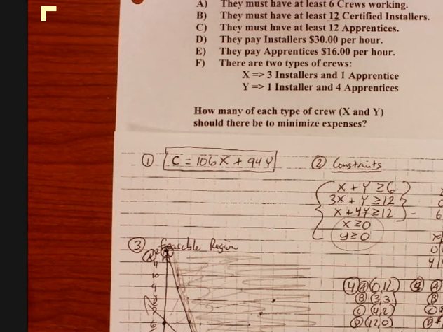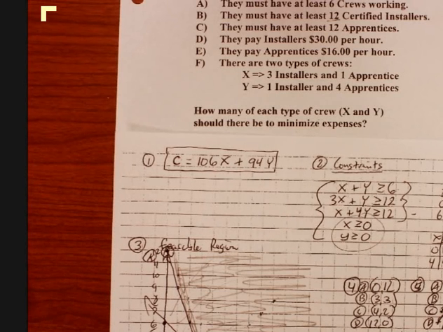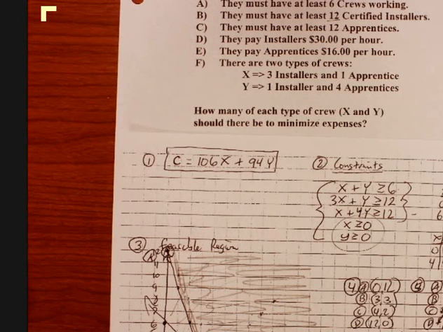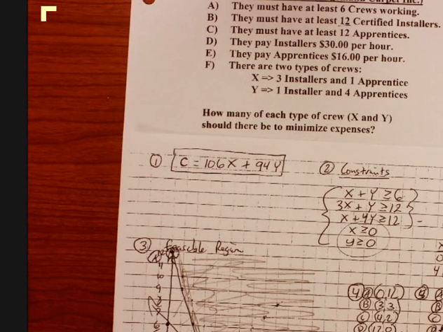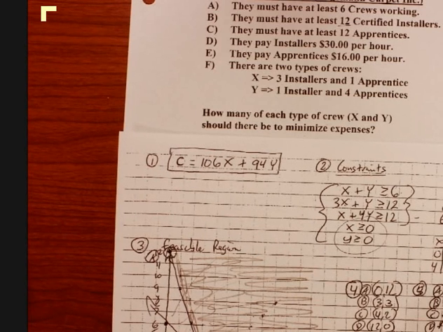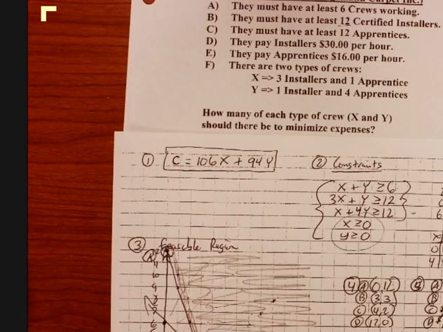So you can see there's a wide range of different options that I have here, but to minimize the cost for my father-in-law who owned this carpet store, he would want to use point B, which is to have 3 X crews and 3 Y crews. And you might think, well, that's maybe not that exciting, but it is exciting if you think about it this way.